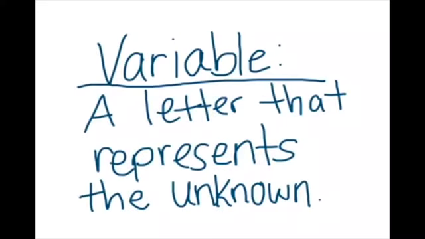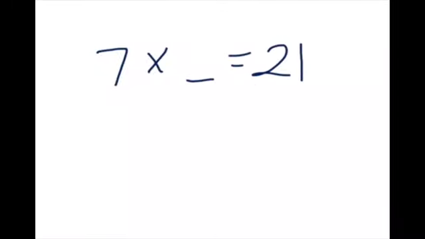So the first thing that we're going to be really focusing on today is working with variables. And a variable is a letter that represents the unknown. Anytime I see a blank in a problem, like if I were to say 7 times blank equals 21, instead of having that blank there, I could put in a variable, and again, that's any letter.